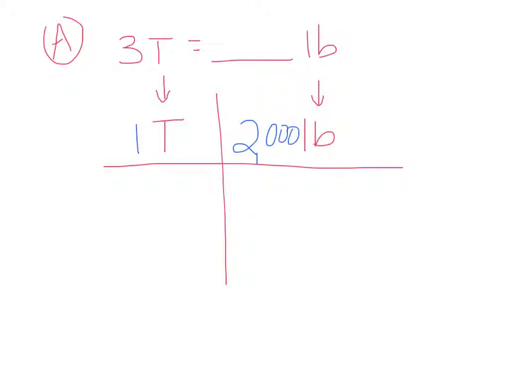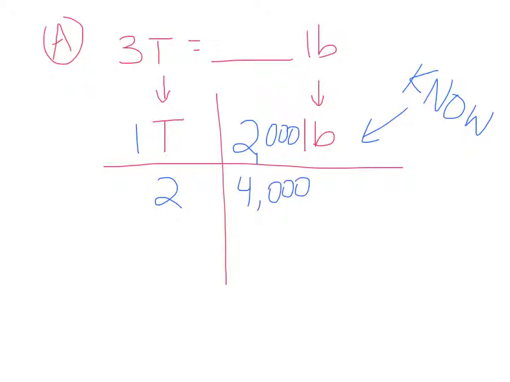So you're going to fill that in. You're always going to start with what you know. What you know comes off of your mathematics chart. Now let's extend our table. If I have 2 tons, that would be 4,000 pounds. 3 tons, now I'm adding 2,000 every time, or to get from tons to pounds, I'm going to multiply. 1 times what equals 2,000?